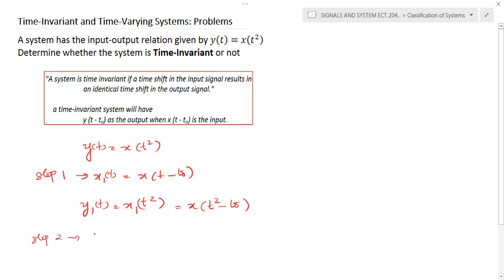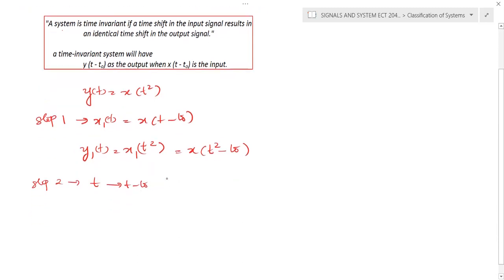In step 2, we will change t with t minus t0, or we will find the output at t equal to t minus t0. It's a shifted version of the output. So the given equation becomes, in the second step, we will change t with t minus t0. So it becomes y of t minus t0 equals x of, in place of t, we will write t minus t0, the whole square.